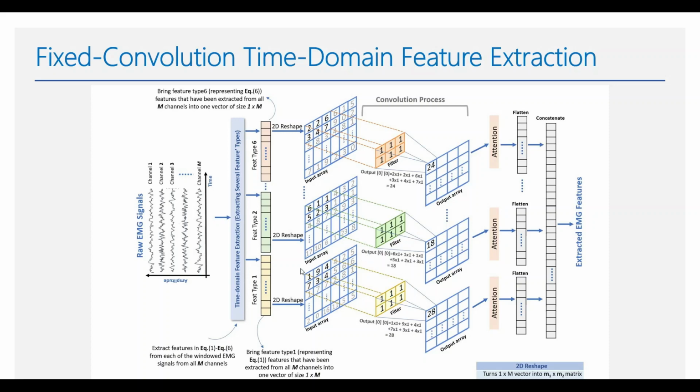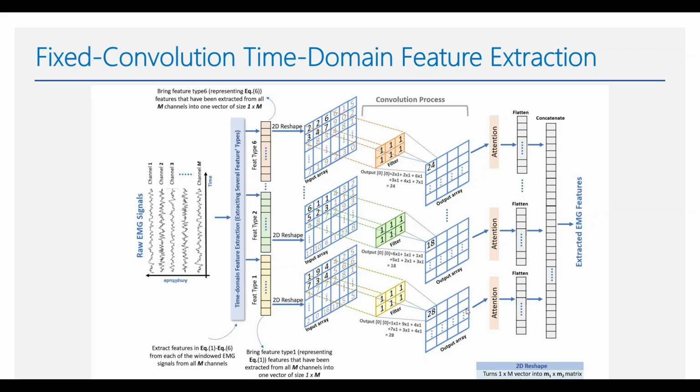The idea is that you are extracting the temporal activity from the windows by using different features. Each of the features will pick up a perspective of that temporal activity, and the convolution process will give you a kind of spatial averaging, which is the average of the different channel activities.